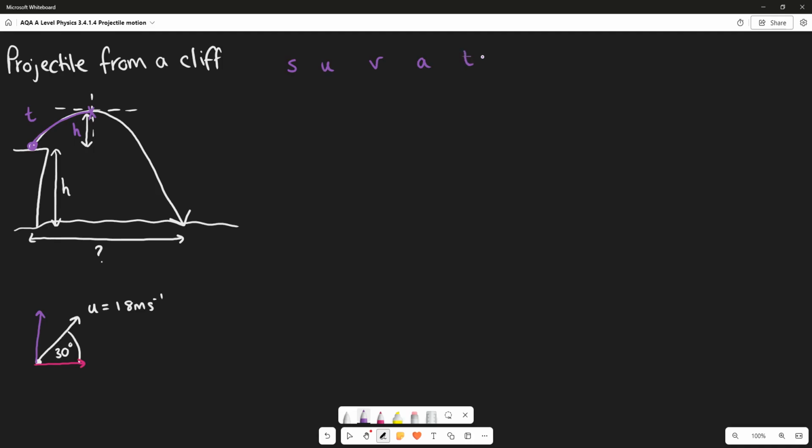Now you'll notice that throughout this video I've been using this shade of purple for vertical and this shade of pink for horizontal. You may be encouraged to use subscripts, for example Y, to indicate the different components.